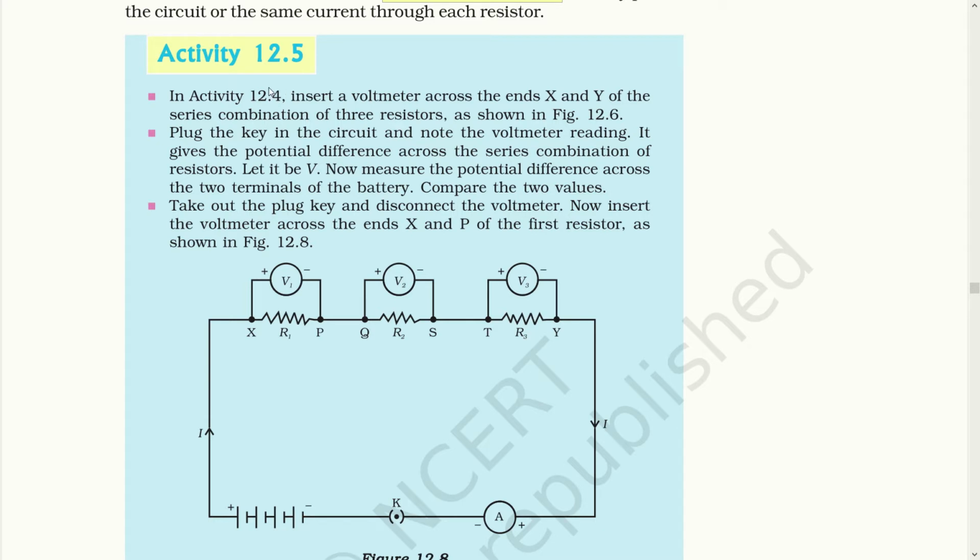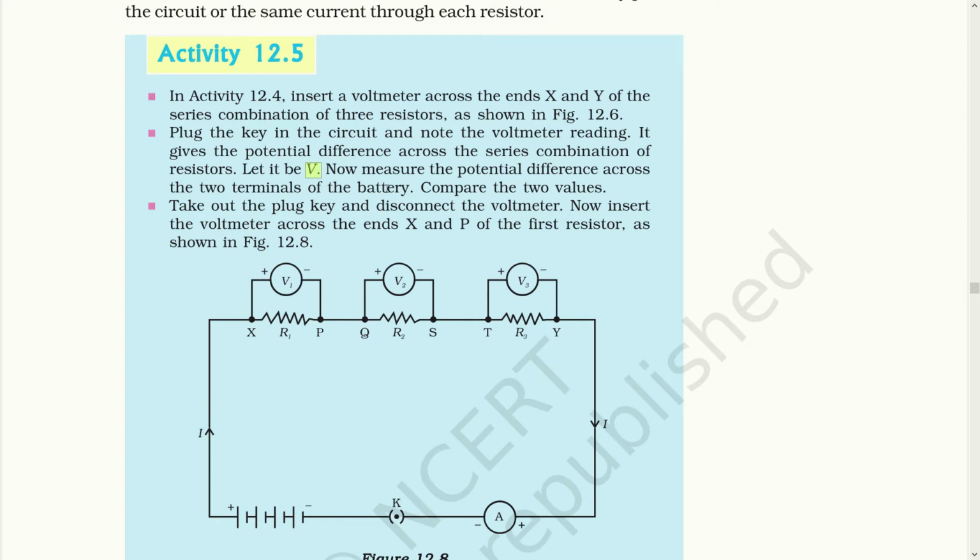Let's read activity 12.5. In activity 12.4, insert a voltmeter across the ends X and Y of the series combination of three resistors as shown in figure 12.6. Plug the key in the circuit and note the voltmeter reading. It gives the potential difference across the series combination of resistors. Let it be V. Now measure the potential difference across the two terminals of the battery.